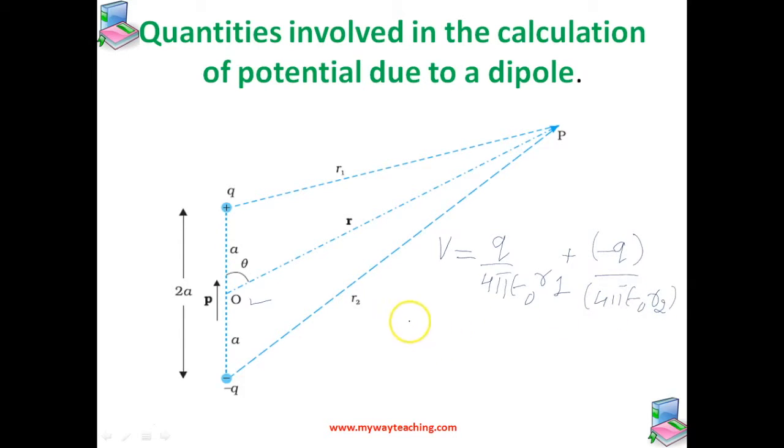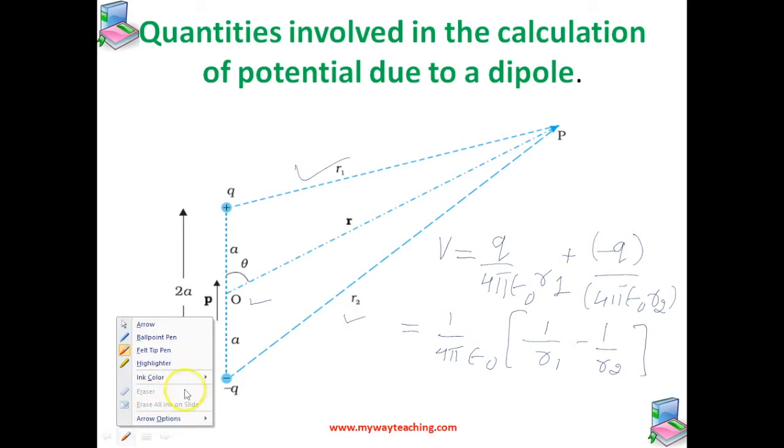If you take 1 by 4 pi epsilon naught outside, we get 1 by R1 minus 1 by R2, isn't it? Where R1 and R2, as you can see here, are the distances of the point P from plus q and minus q.